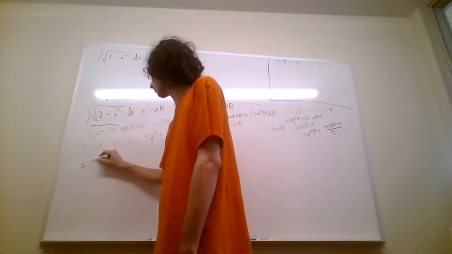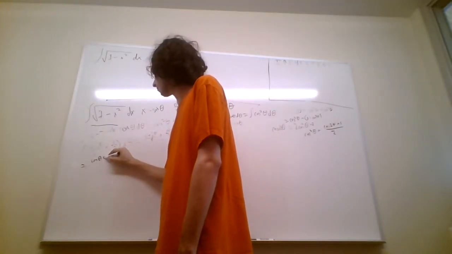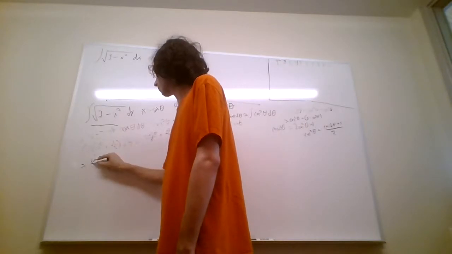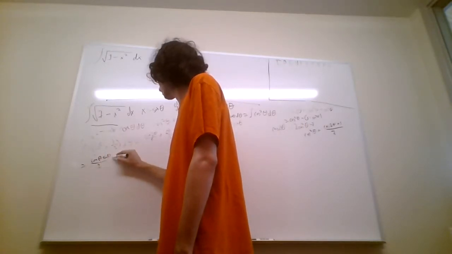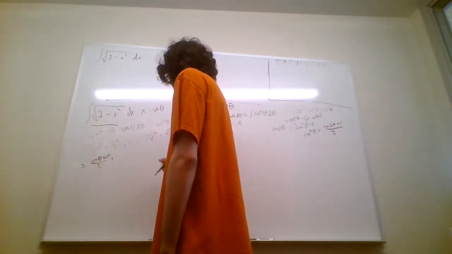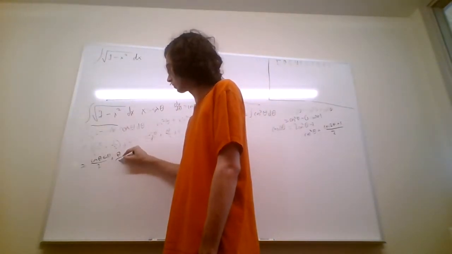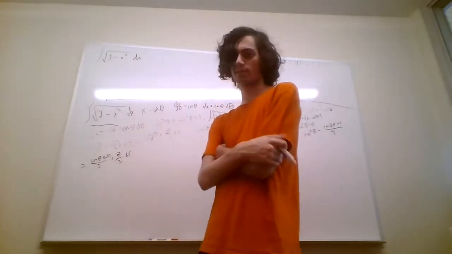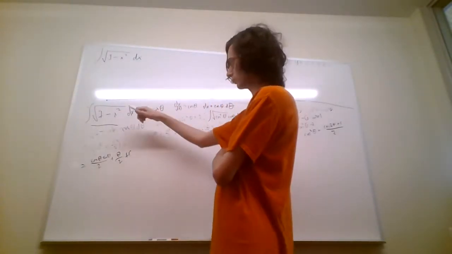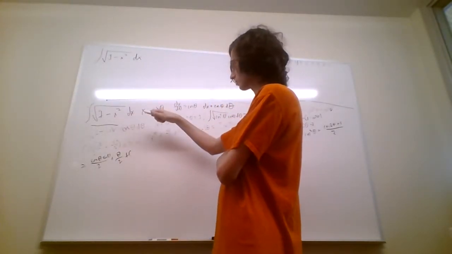So cosine theta sine theta divided by 2 plus theta divided by 2 plus c.